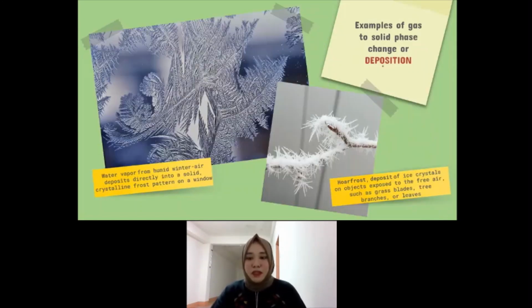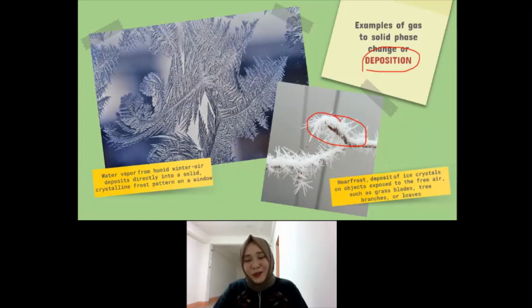And we have deposition here. It's the reverse process, when a gas is being converted into a solid. One very common example is the formation of frost on leaves, twigs, and branches during cold winter days.